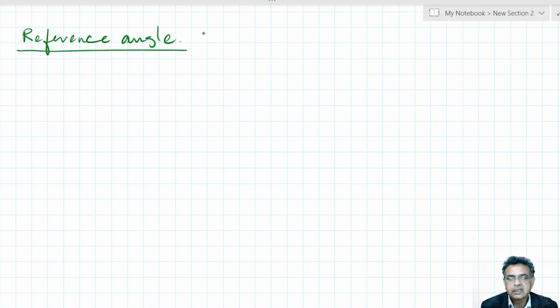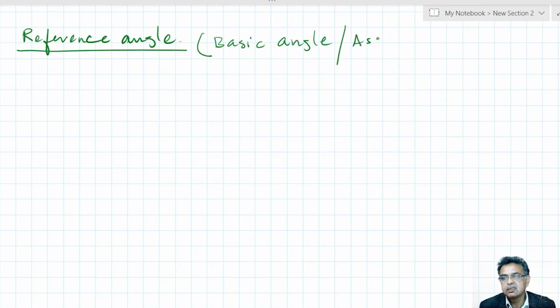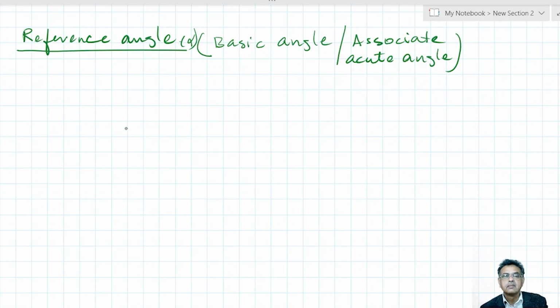So reference angle, or you can say basic angle, it is also named as associated acute angle. And is denoted by alpha. Here we will denote it by alpha.